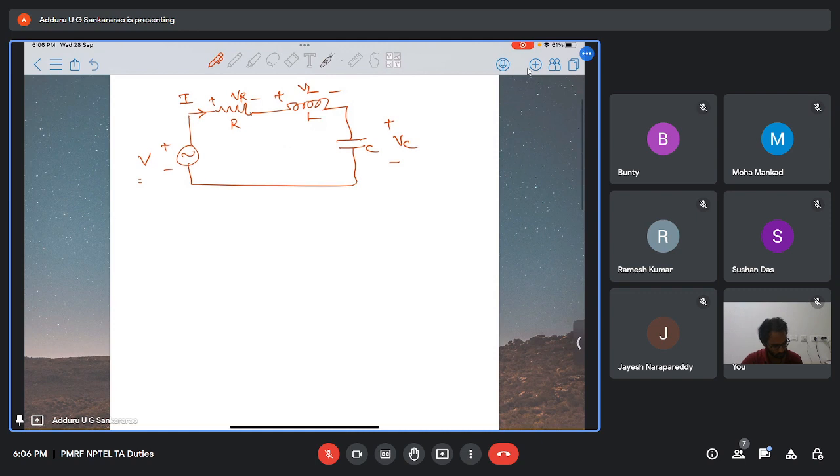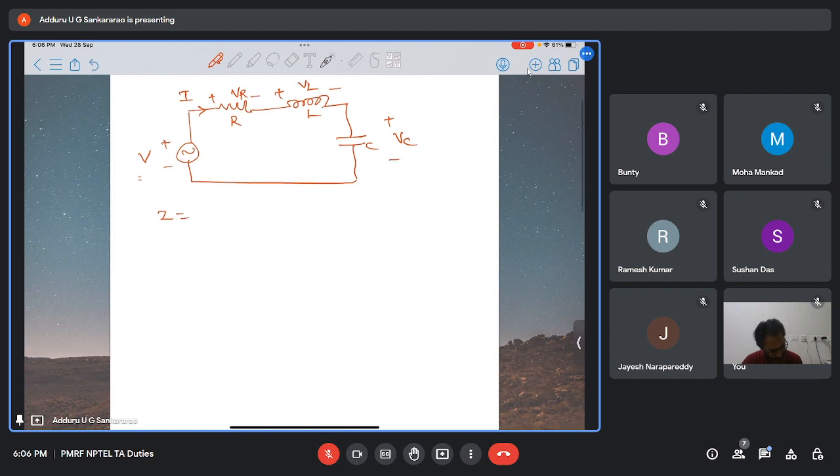Okay, now in this, what is the impedance? The impedance in this is ZR plus ZL plus ZC, all they are in series.